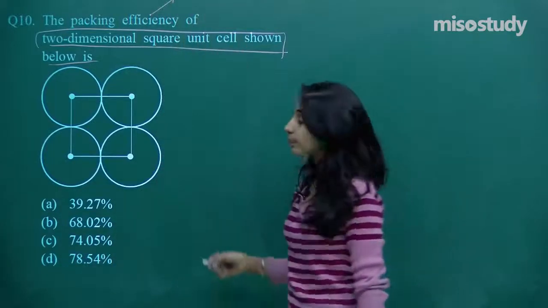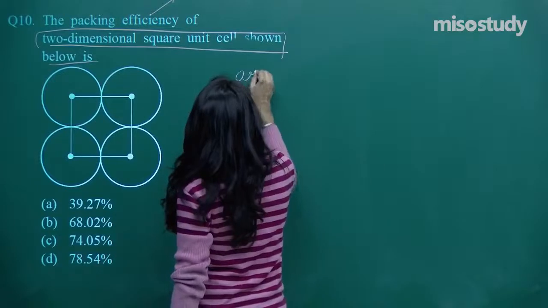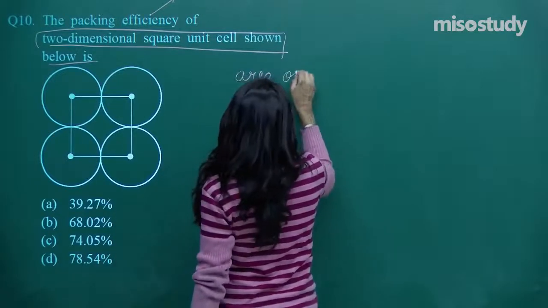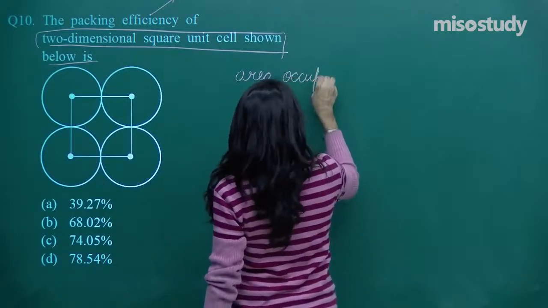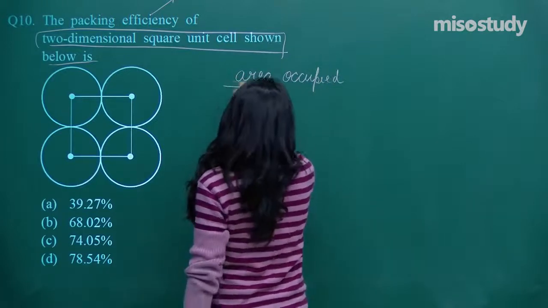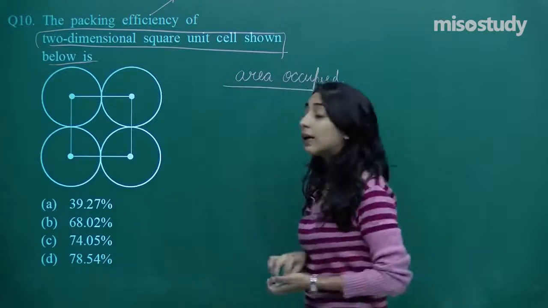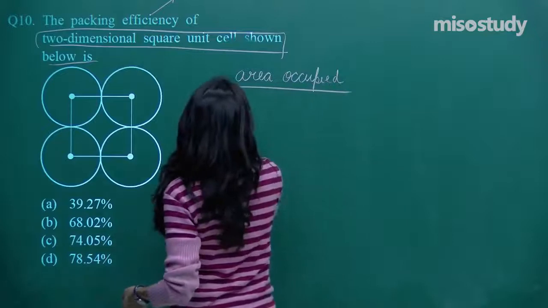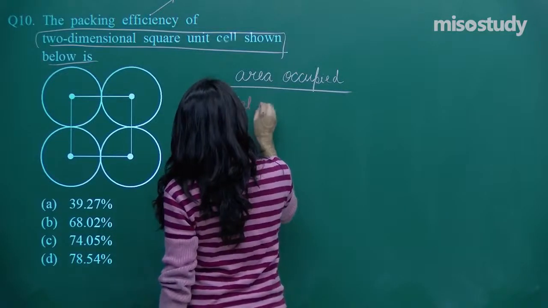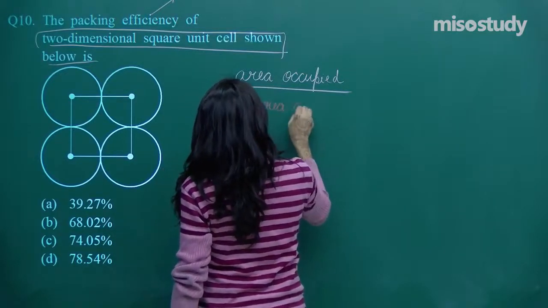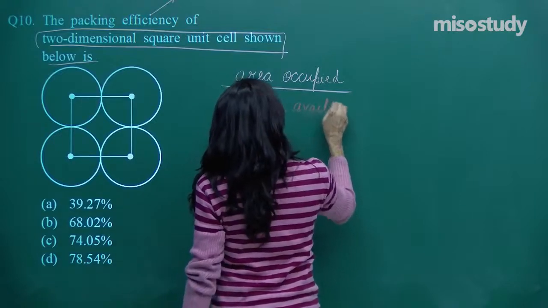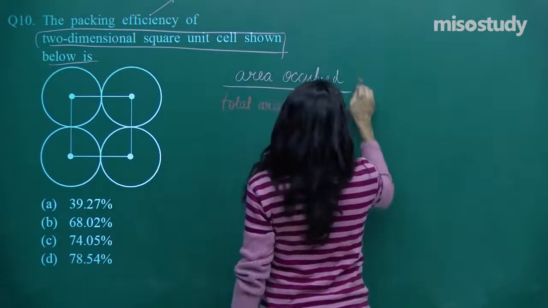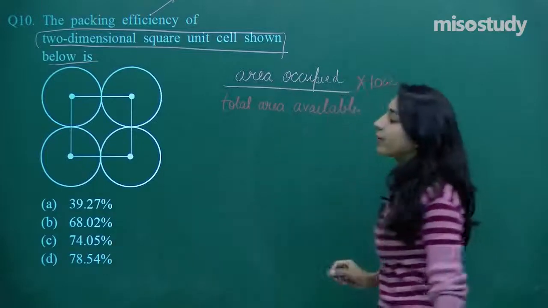So when he is saying it's a two-dimensional square unit cell, you need to calculate the packing efficiency. So what you will do? You will say this should be area occupied divided by the total area available, multiplied by 100.